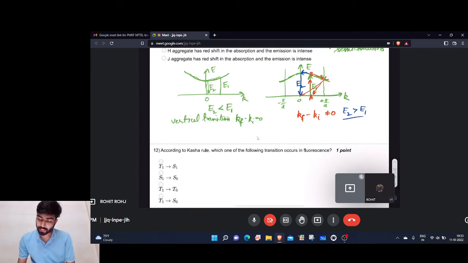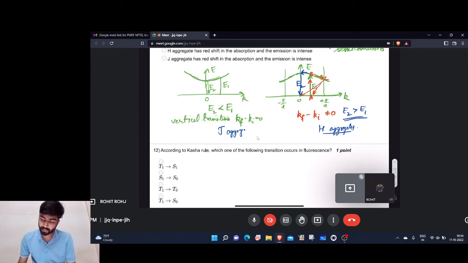E2 would be greater than E1, and in this case E2 was less than E1. So this kind of system where E2 is less than E1, these are called J-type aggregates, and the other kind of systems are called H-type aggregates.